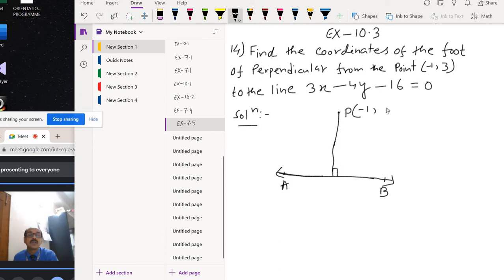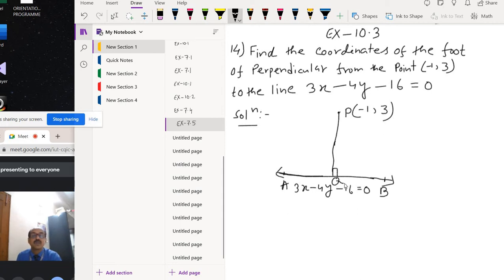So this point P is (-1, 3). And the equation of AB is 3x minus 4y minus 16 equal to 0. These two lines are perpendicular, and this point is Q.